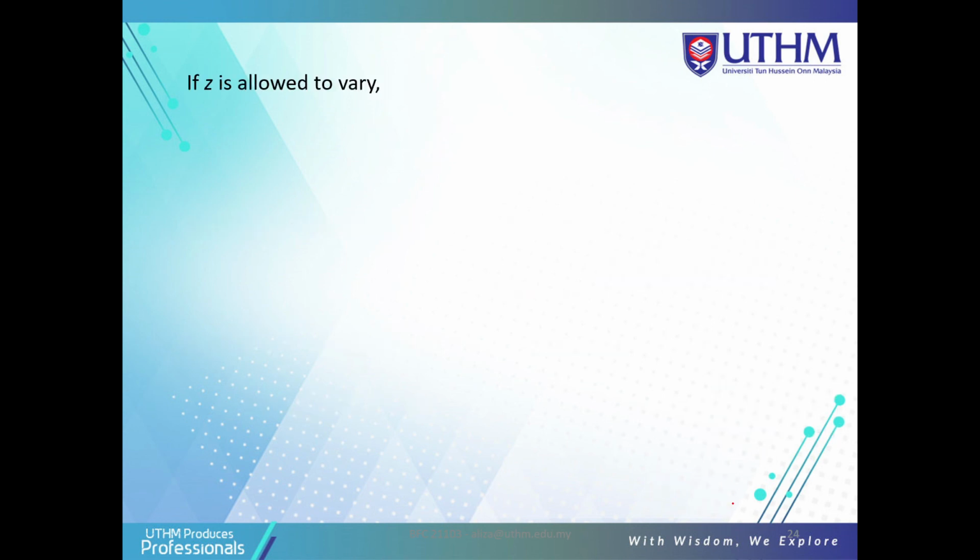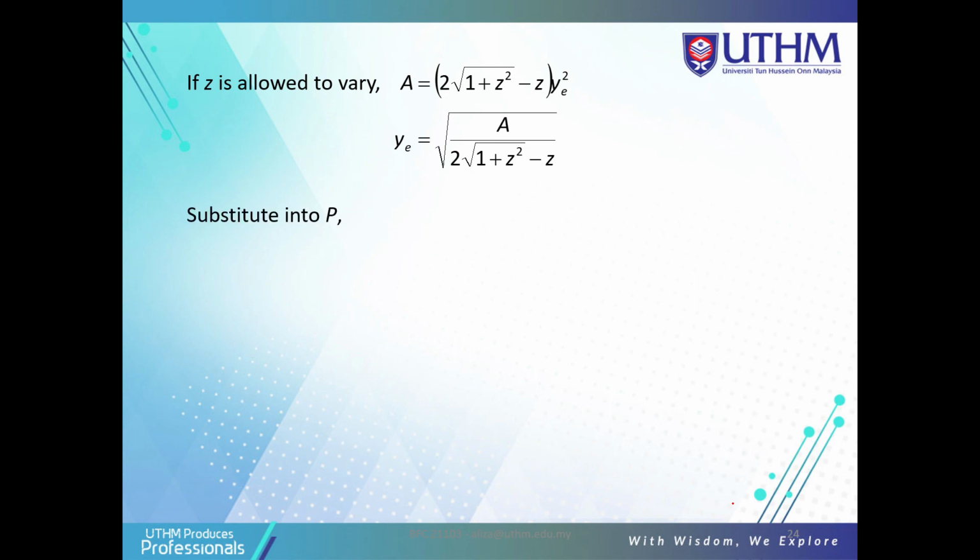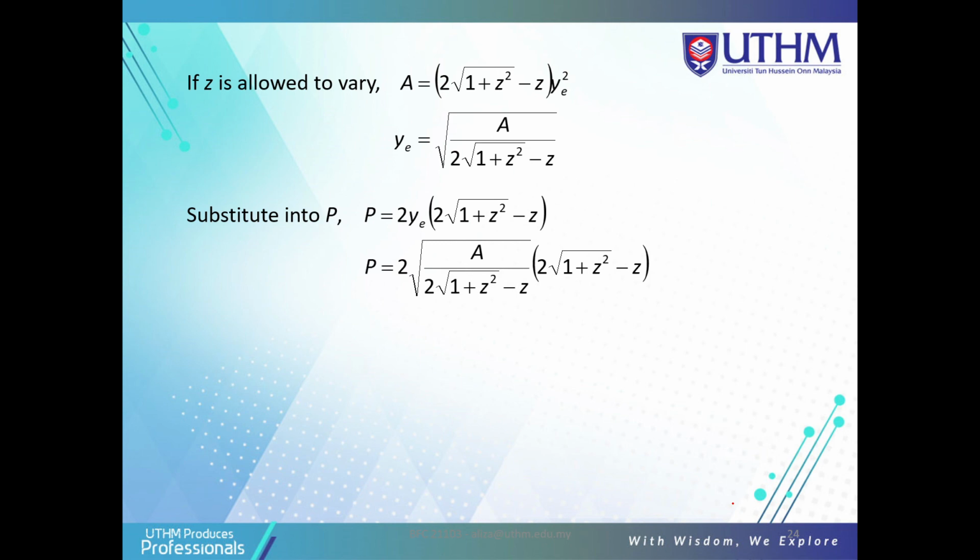If Z is allowed to vary, just put the Z here. Kalau Z tu perlu untuk digunakan, so if Z is allowed to vary, with A in terms of Z, you change the Y to be in terms of A and Z. Substitute into P, so you get the value of Y E, and you get dP over dz.